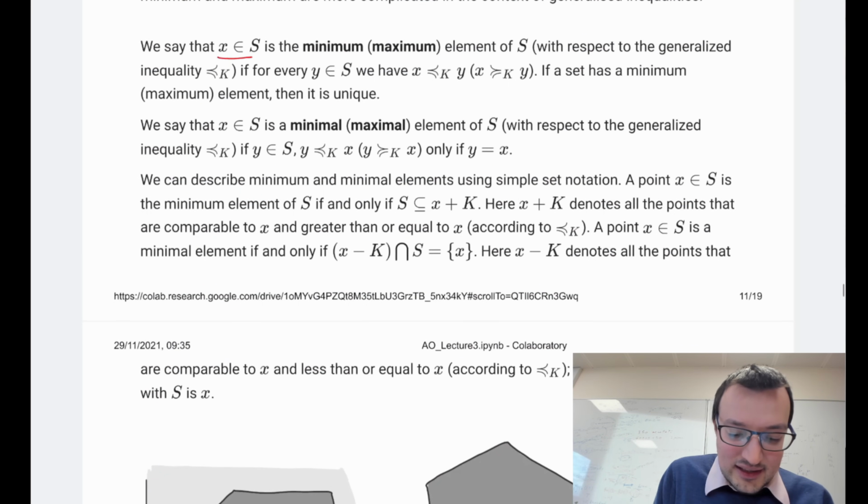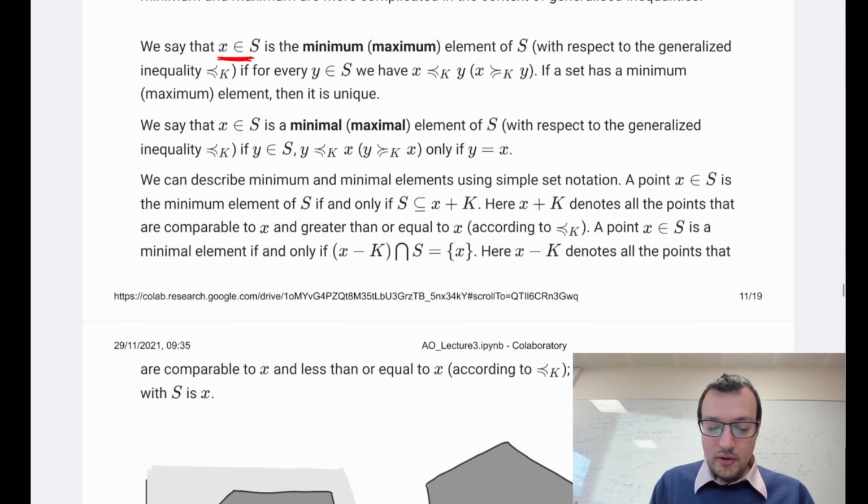Given a set S, x is a minimum of that set if for every other element y belonging to the same set, x is less or equal than y. And this implies that if the set has a minimum element, that element is unique.